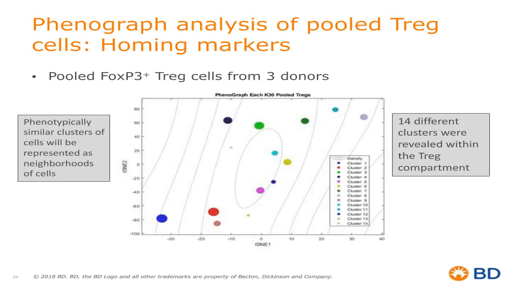So to do this, we put it into the algorithm, and then it identifies, from these pooled T regulatory cells, 14 different clusters within the T regulatory compartment. So that tells us a little bit about the heterogeneity of the T regulatory cells in this homing panel.